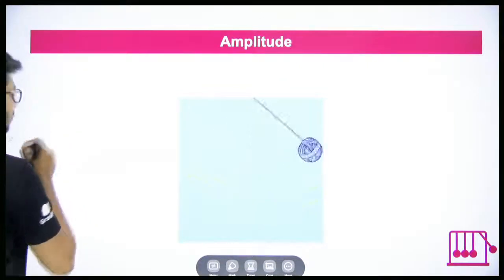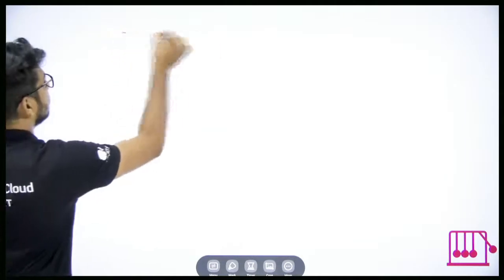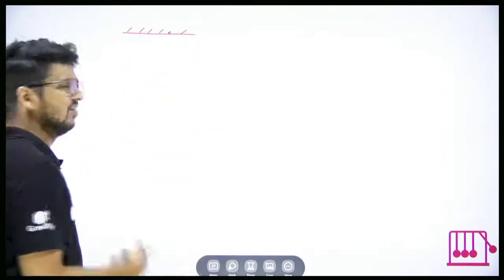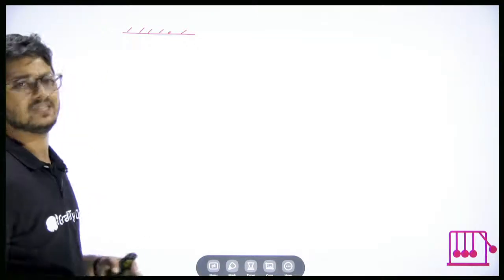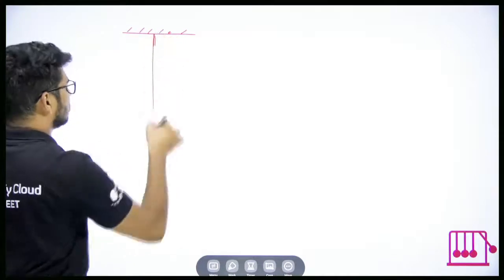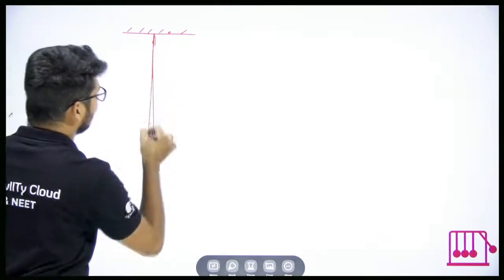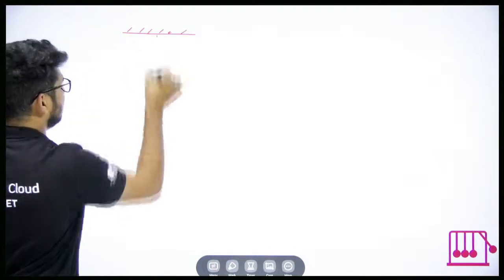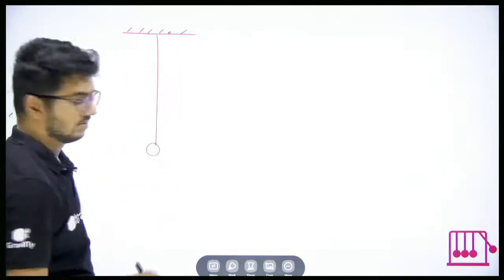I'll just explain that to you. See here. That is a pendulum, okay? We generally use a pendulum to understand vibrations or oscillations for that matter. Now when the pendulum is not moving, how will it be? It will be simply vertically down. Yes or no?